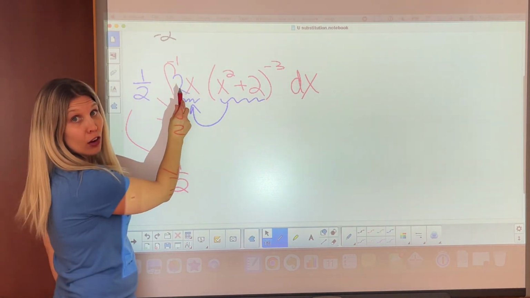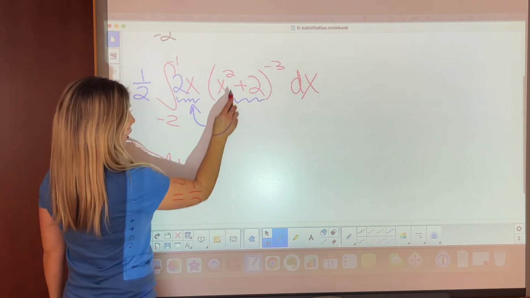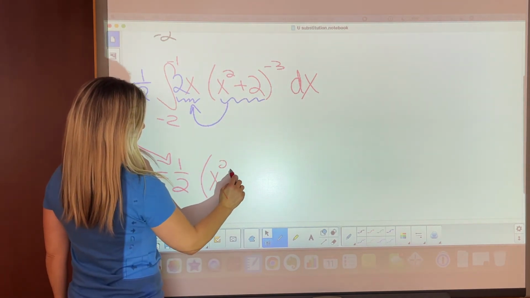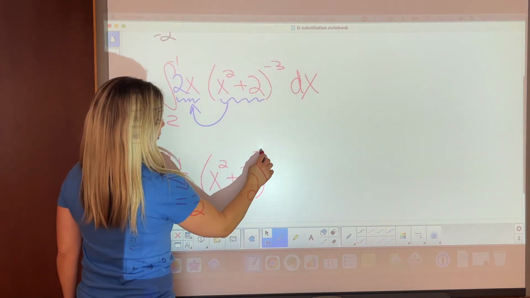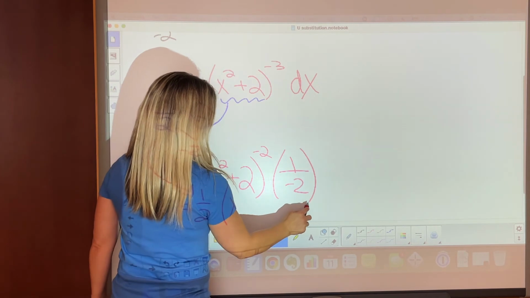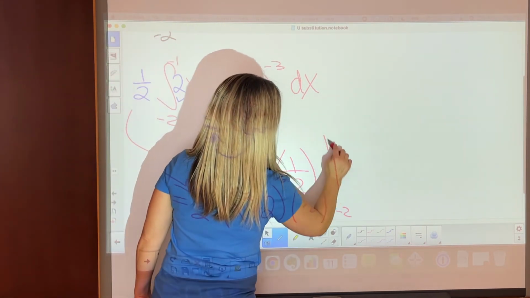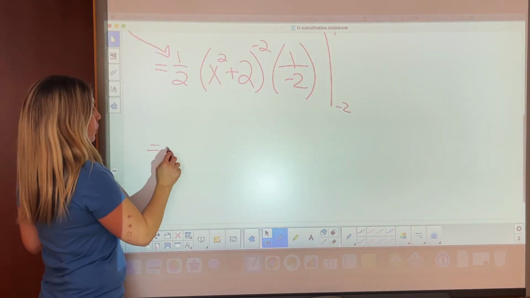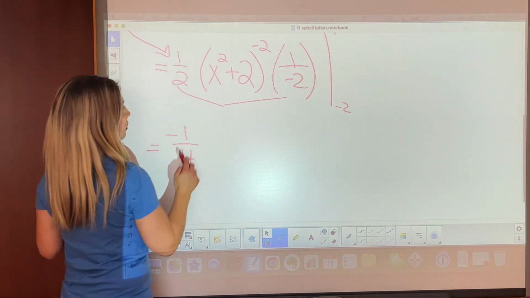The derivative of our inside piece does not show up in our answer. The inside piece stays the same, but you add an exponent and you multiply by 1 over that new exponent, and then you evaluate from -2 to -1. So then we have -1/4, combining these two pieces.